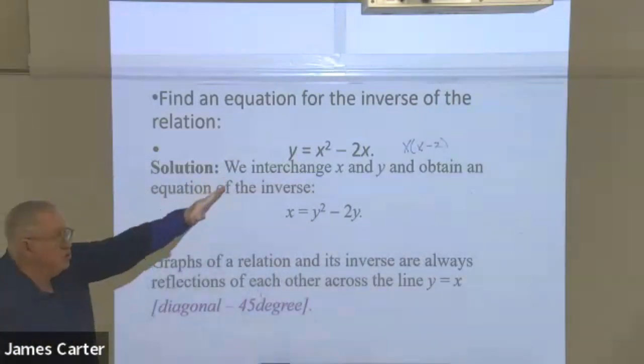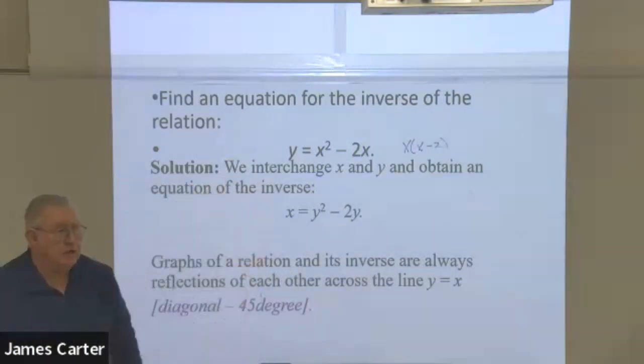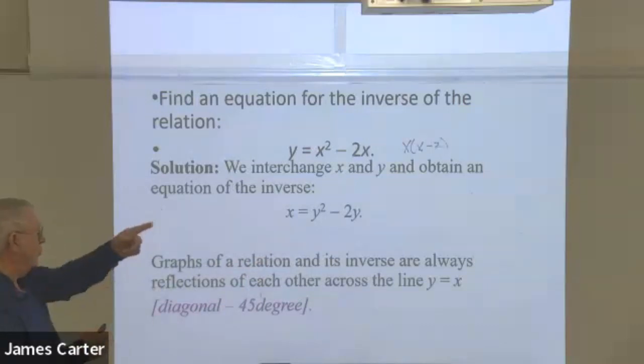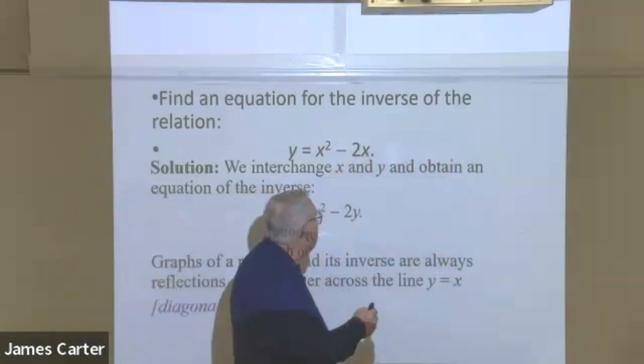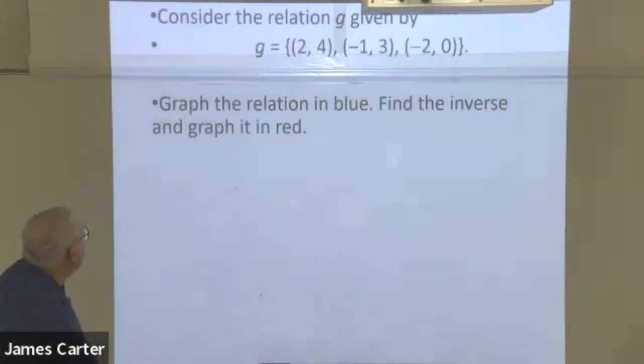But the two are going to be reflected across a 45-degree angle. So I know the picture I drew was slightly wrong. Now, look at this one. Do I have all unique x and y pairs? Yes, I do.